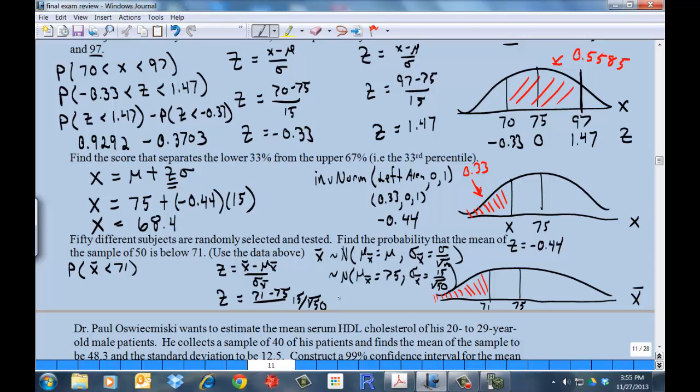And so when we compute this value here, you should get minus 1.89. And so what happens is we convert x bar into z, and we convert 71 into minus 1.89. So we can use the table 5 to look up the z-score of minus 1.89. And when we look that up, we get 0.0294.